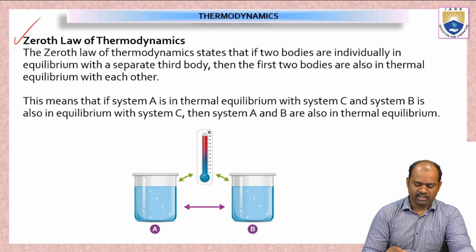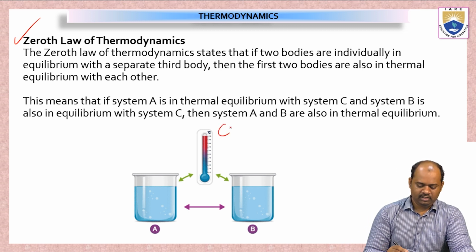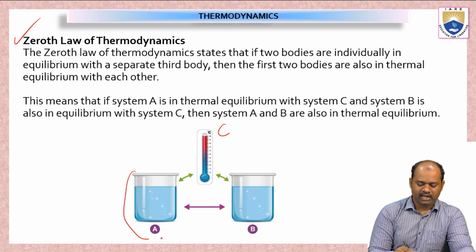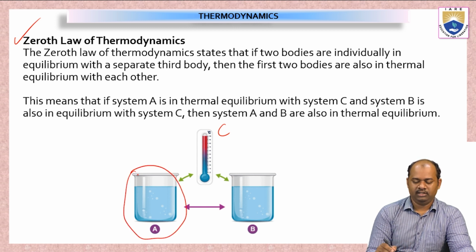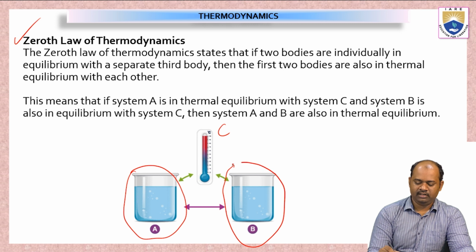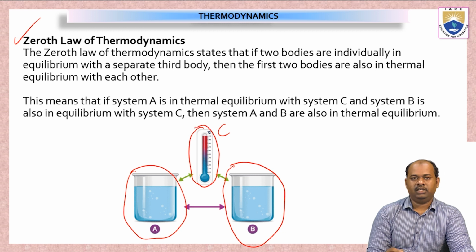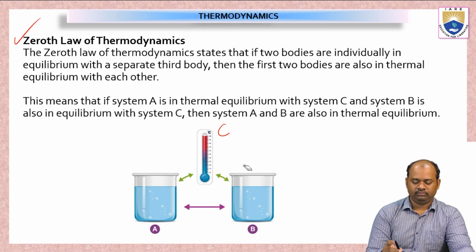This is the first container, it has some water in it, and this is the second container, it also has some water. The third device here is a thermometer, which is used to measure the temperature of any liquid or solid. We are going to use these three objects to explain the zeroth law.